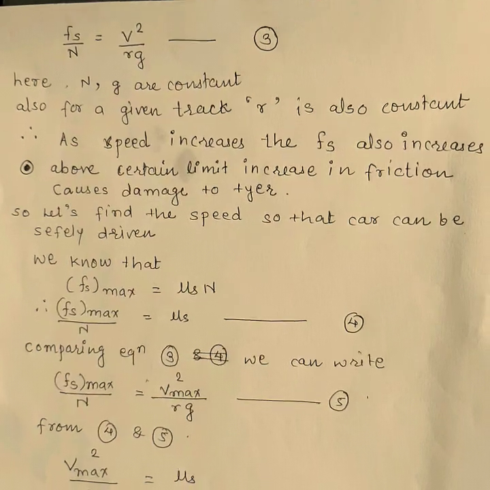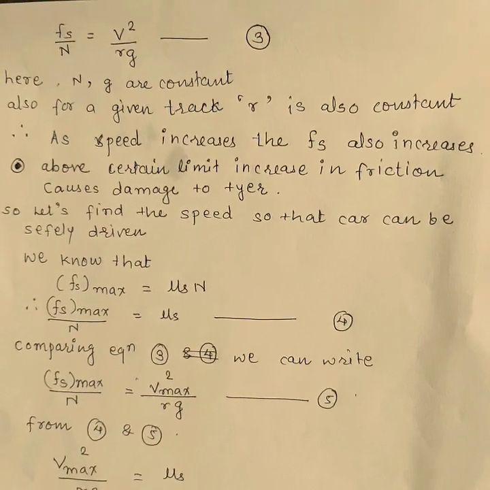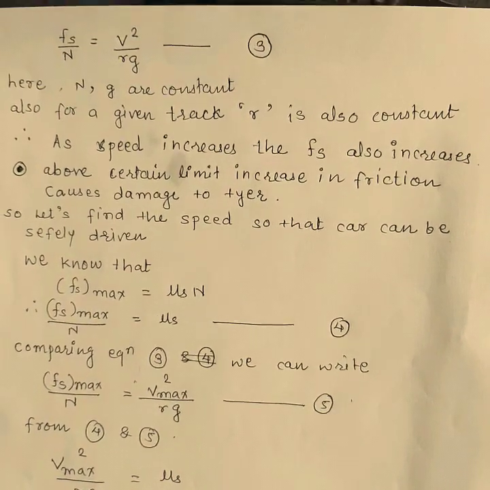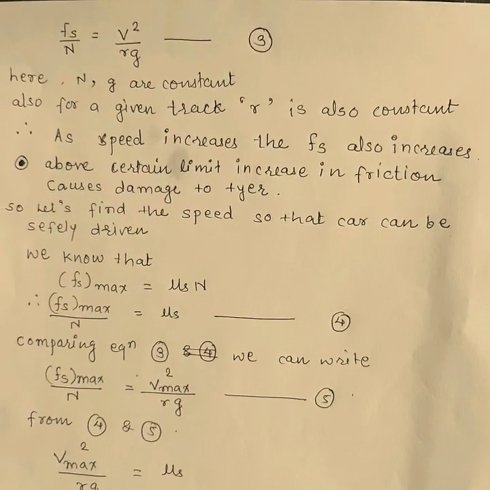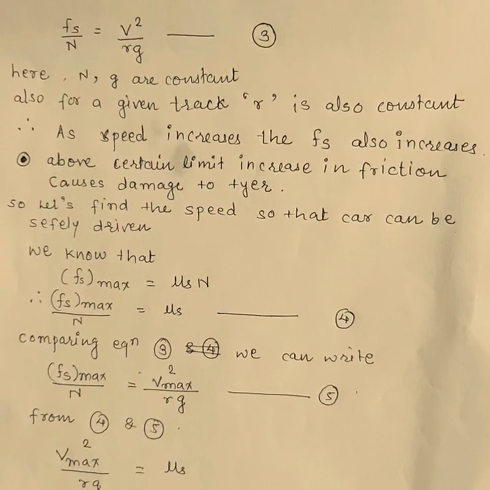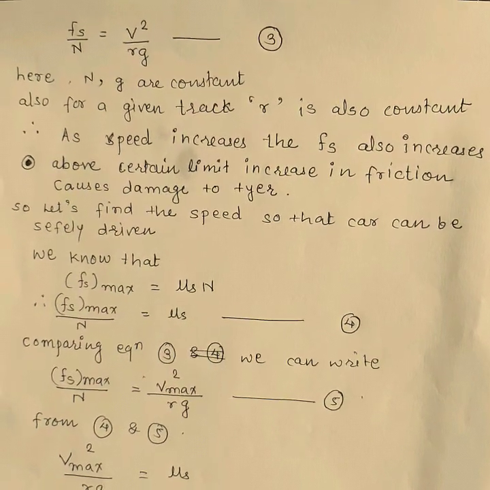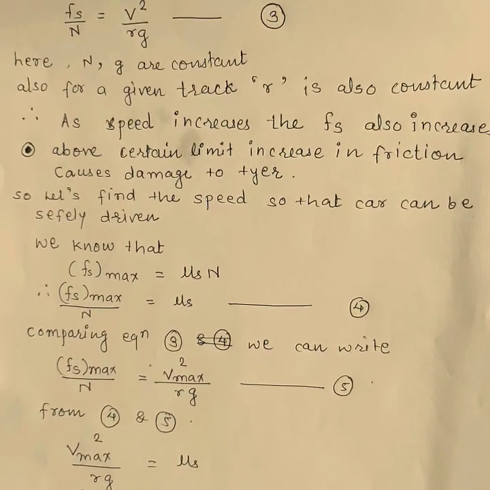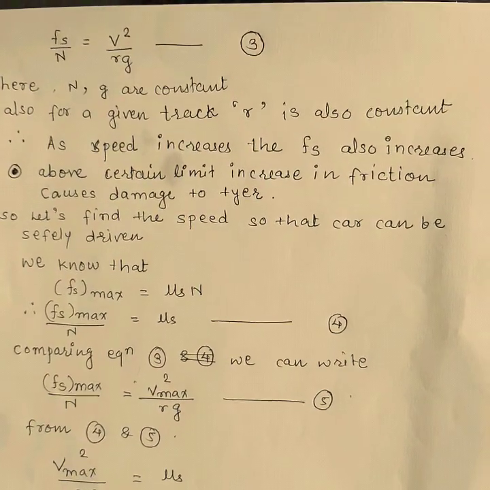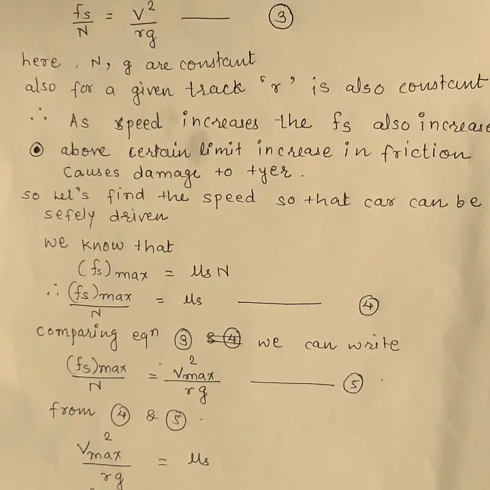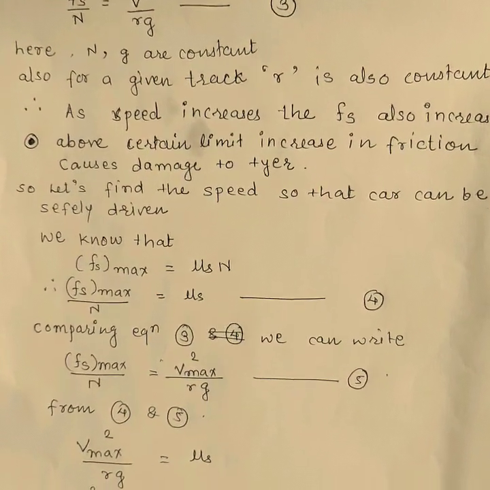So we know that Fs, that is the maximum frictional force, is equal to mu s into N, where mu s is the coefficient of static friction and N is the normal reaction. So we can write, by rearranging, Fs maximum frictional force upon N is equal to mu s, the coefficient of static friction.